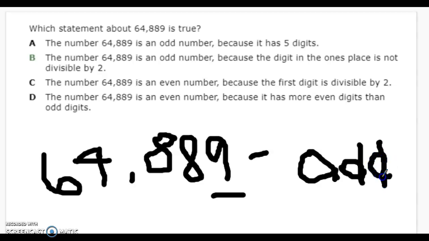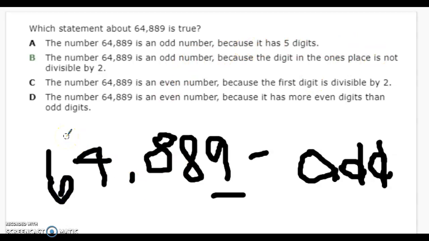Okay? So, 9 is an odd number. The number 64,889 is an odd number because it has 5 digits. The number of digits doesn't matter because honestly, if I took away this, my 6 in the 10,000s place, 4,889 is still an odd number. So it doesn't matter that it has 5 digits.